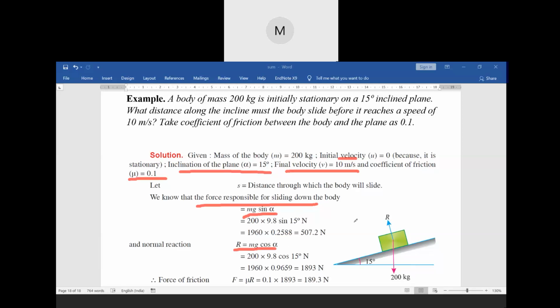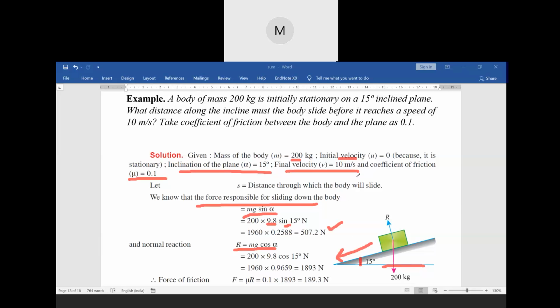This component is sine alpha because of the angle, the sine theta component. So mg sine alpha, with m equal to 200 kg and g equal to 9.8. Simple. You completed this step.